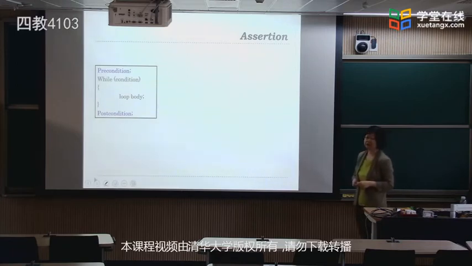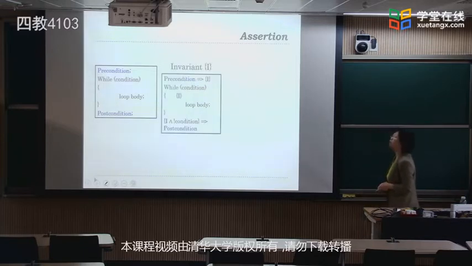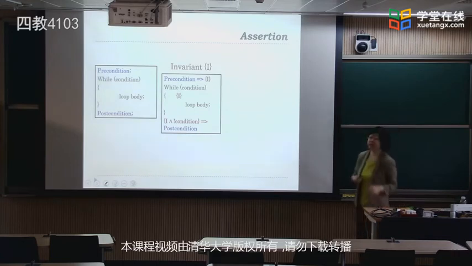If one of the conditions does not hold, the assertion can help you terminate your code and tells you what's wrong. Now suppose you have a loop invariant I. By definition, the precondition itself should imply the loop invariant I holds.